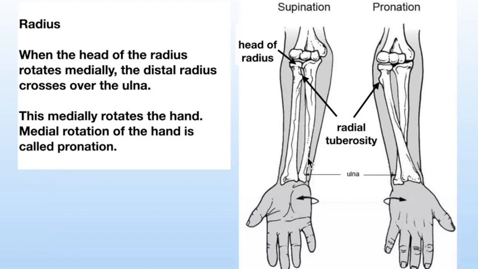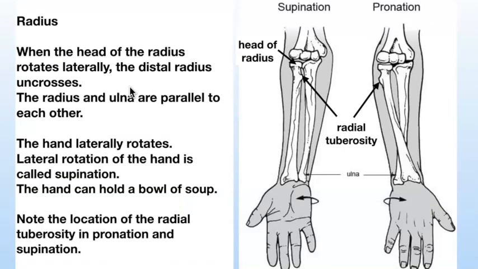So when you're standing in anatomical position, that position is called a position of supination, and that means that the bones are uncrossed. When you're standing with your palms facing backwards, that is a position of pronation, and the radius and the ulna are crossed.